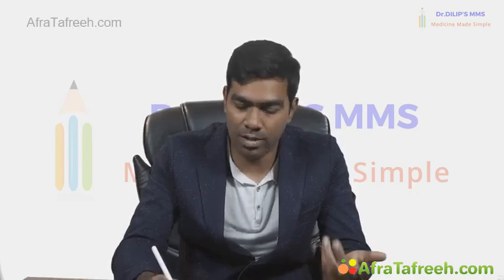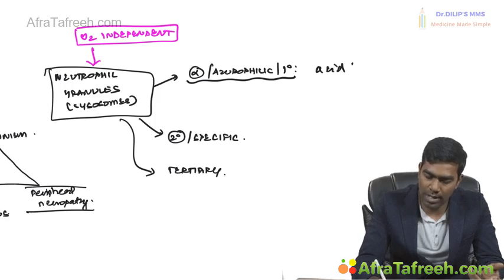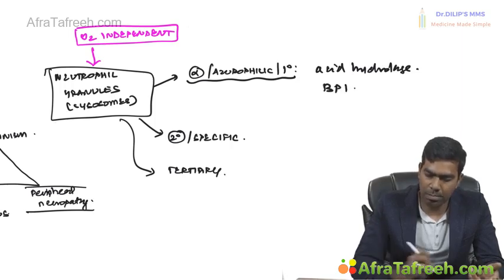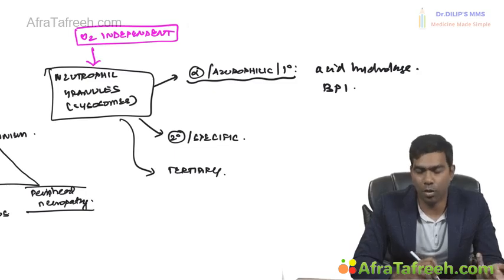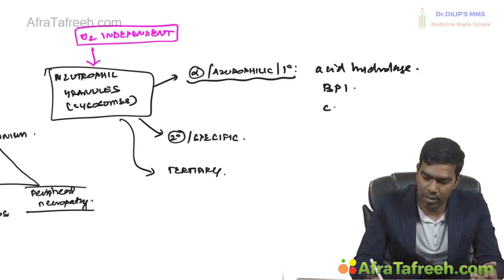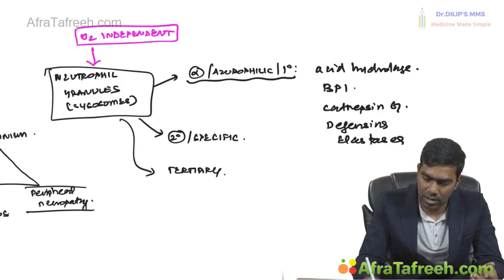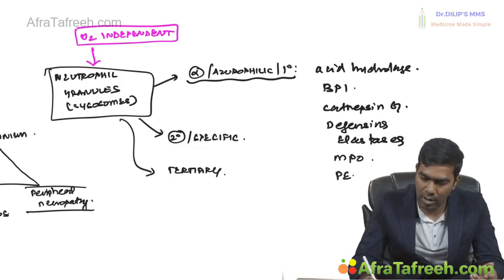This is a very important process, and the neutrophil granules, the lysosomes of the neutrophil, are helpful in oxygen independent killing. What are the contents of the primary azurophilic granules? Remember, these azurophilic or primary granules, or non-specific granules, or alpha granules contain compounds such as acid hydrolase. Then you have BPI, bacterial permeability increasing molecule. Then you have cathepsin G, defensins, elastases, MPO, myeloperoxidase, and then peroxidase.